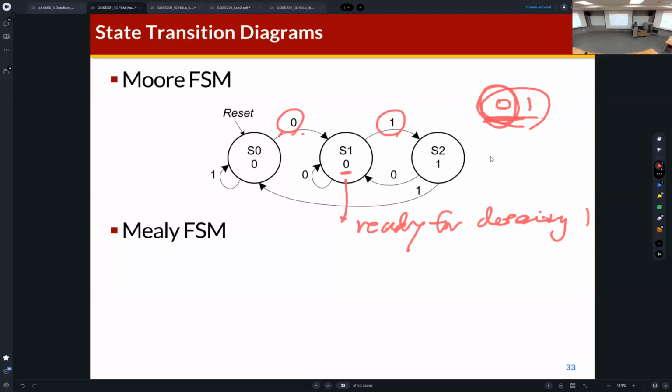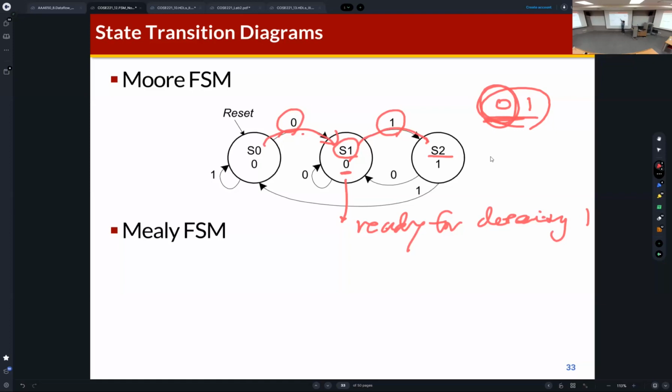So in the Moore machine, we define the transition from S0 to S1, and then S1 to S2. S1 represents ready for detecting 1 because the previous event is 0. Then based on the input, we can define the state transitions.